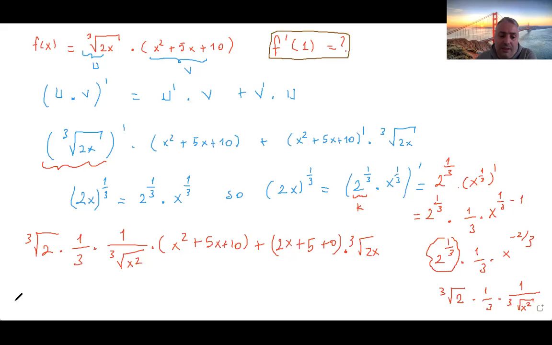So f prime at 1 is equal to, since this is now f prime of x, in this function, when I see x, I can put 1.